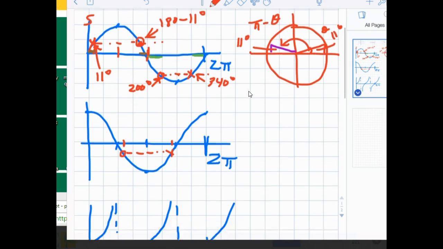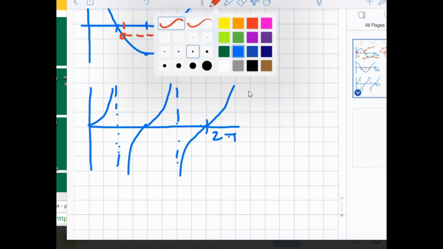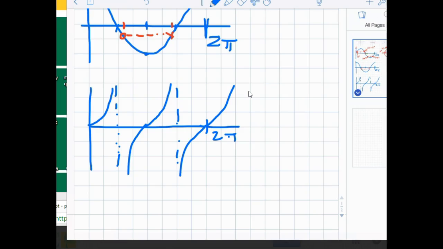Oh, last of all, let me touch on tangent a little bit. With tangent, you're going to have something similar, where you say, oh, my tangent value is here. What are the other angles that have the same tangent value? You can sketch this horizontal line, and you can say, oh, I have one here, I have one here, and then you figure out which one's in your interval.